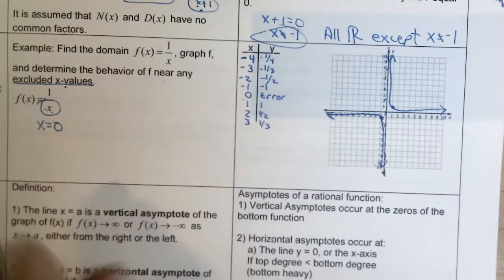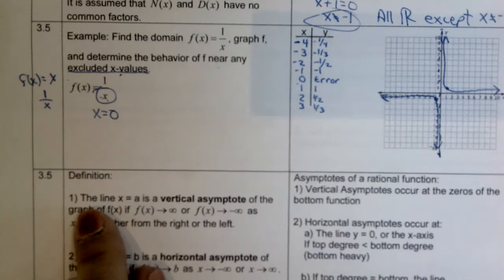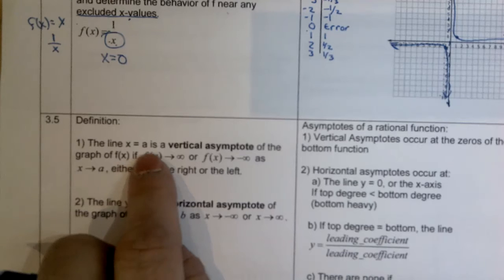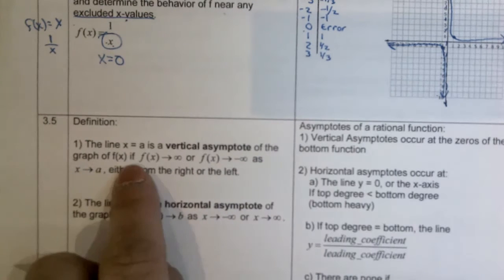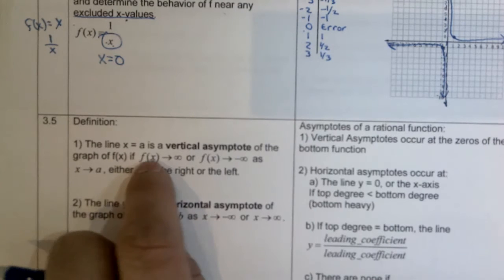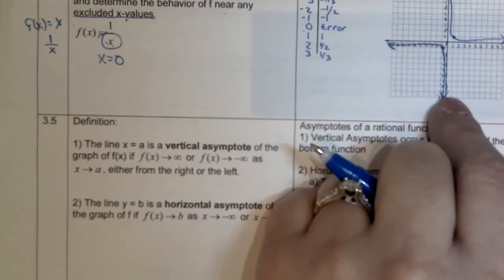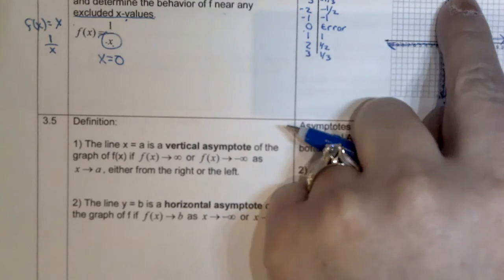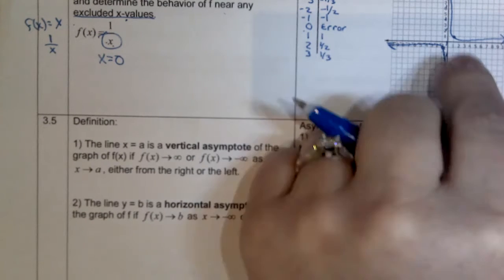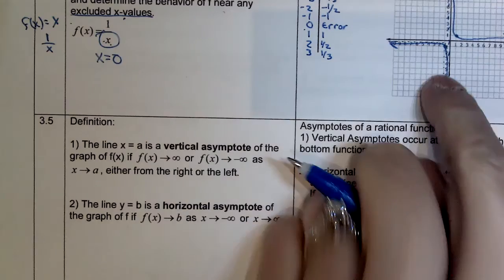The line x equals 0 in this case, or x equals some number, is a vertical asymptote of the graph of f of x if, as x approaches it, the function approaches infinity or negative infinity. In other words, as we get closer and closer to that asymptote, the y value gets closer and closer to negative infinity or positive infinity from the left or the right.